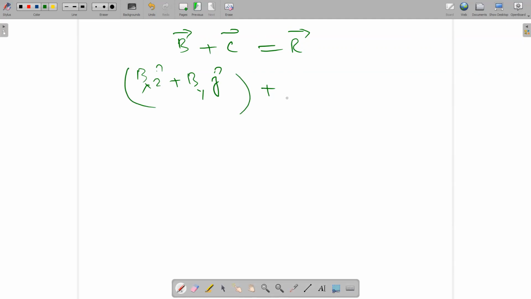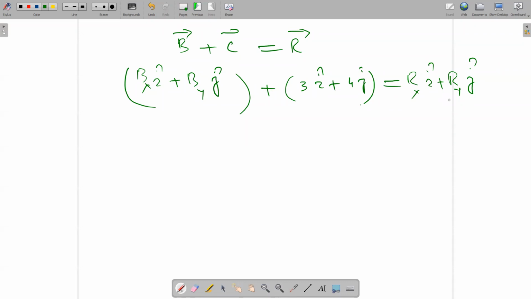And C vector is given in the question, 3i plus 4j. This is equal to the R vector, the resultant vector, which is Rxi plus Ryj. Now, is this equation clear?